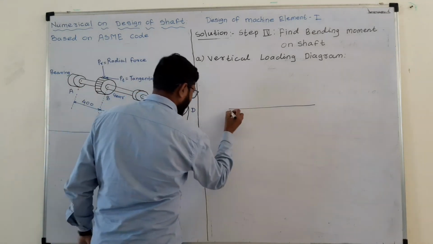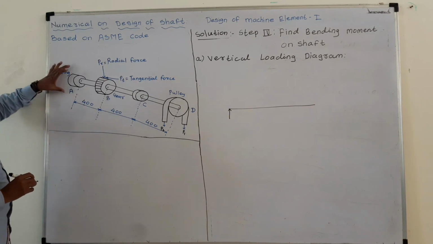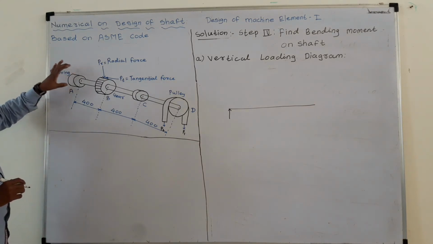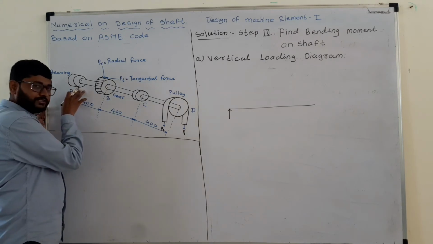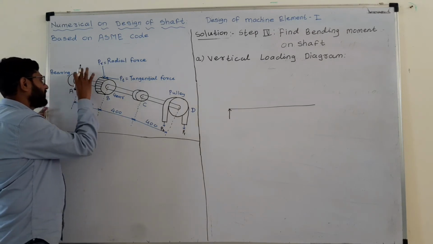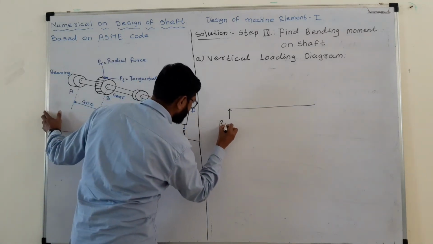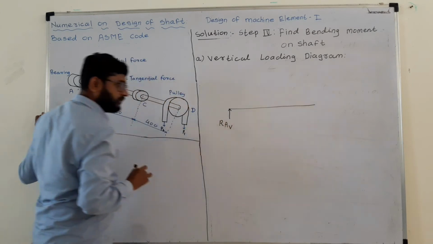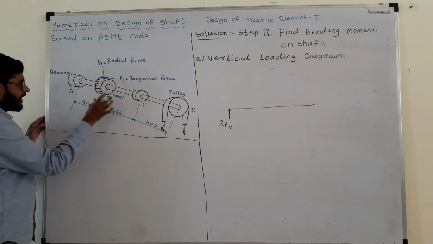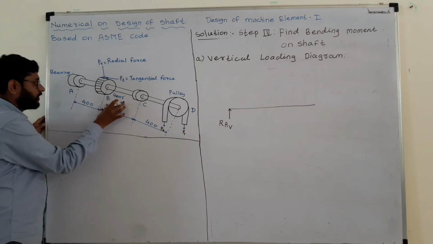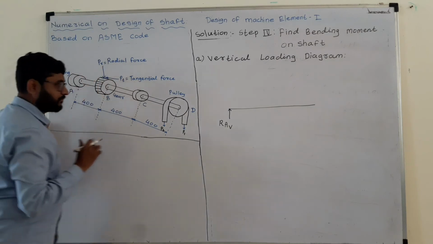At point A, if bearings are mounted on the shaft, that point is considered as reactions, that is RAP. Here we consider reactions at point A, and on the gear B, the vertical force acts as a radial force PR.